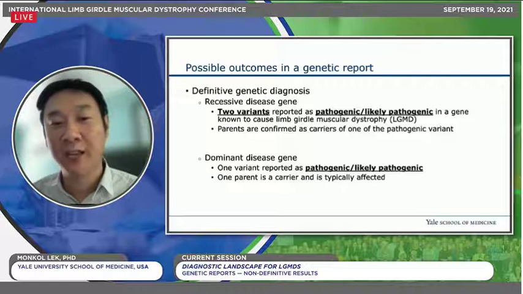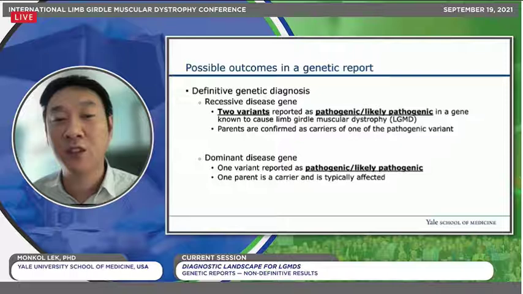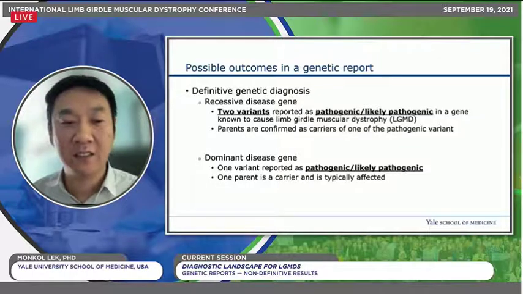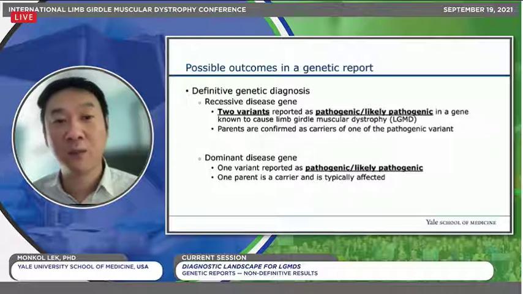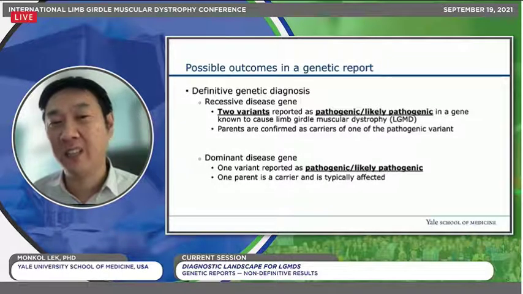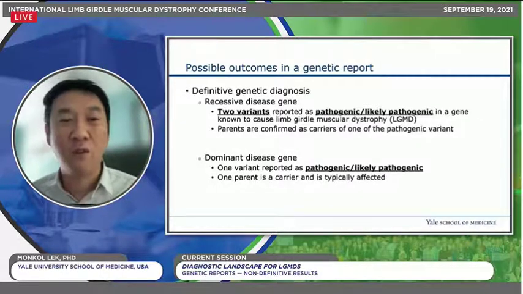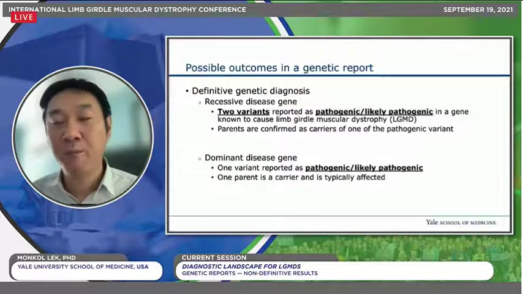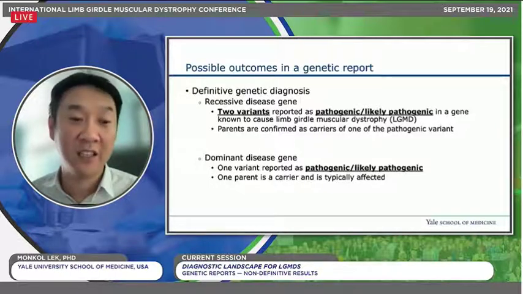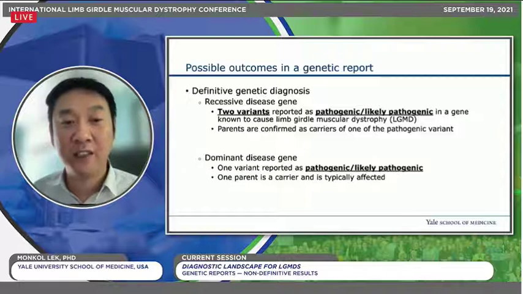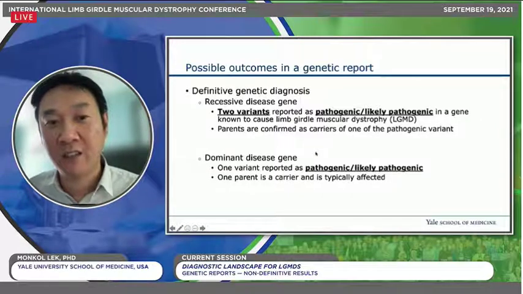If it's not known, the parent will be re-examined, because in dominant diseases we sometimes see two concepts: incomplete penetrance, so sometimes people don't get the disease or get it later on in life, or variable severity. Some people are so mild they don't even realize they have the disease. That's why it's also important to re-examine.